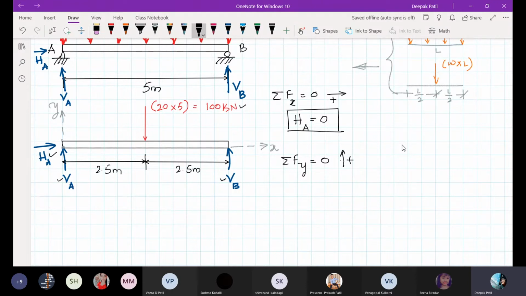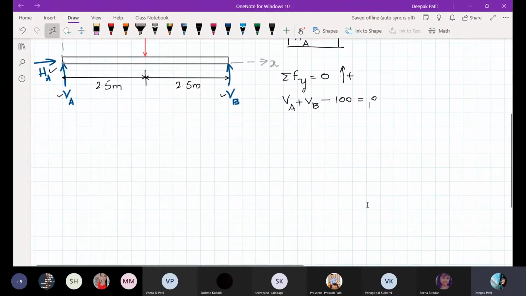VA and VB are in the upward direction, that is the positive y-axis, so I write VA plus VB. But the 100 is in the downward direction, so I write minus 100 and equal to 0. Only these three are there in the y direction. Since there are two unknowns, I can't solve this further, so let me name this equation 1.